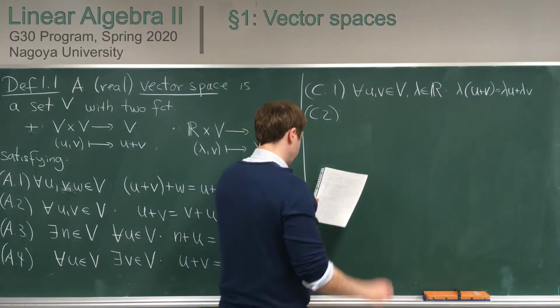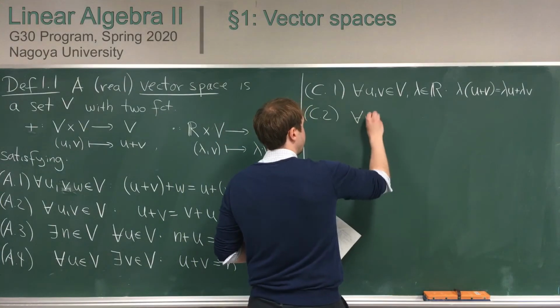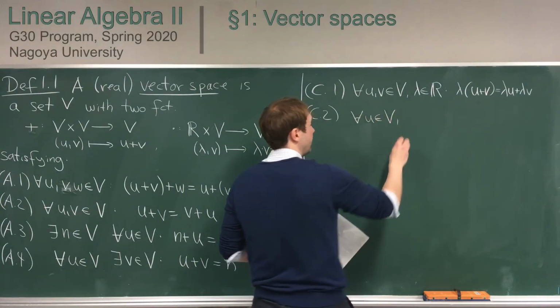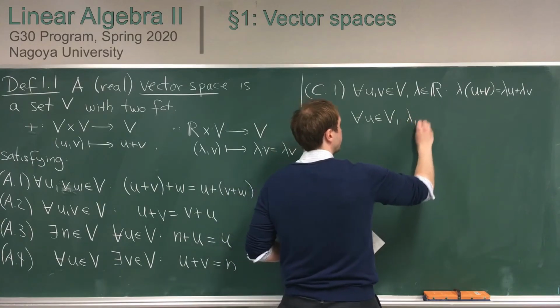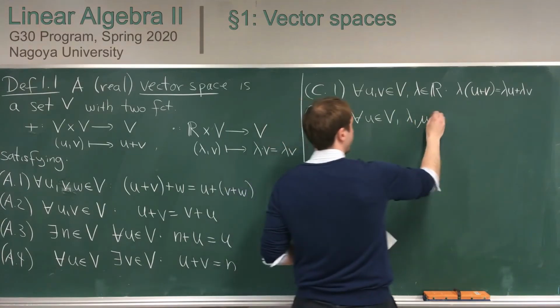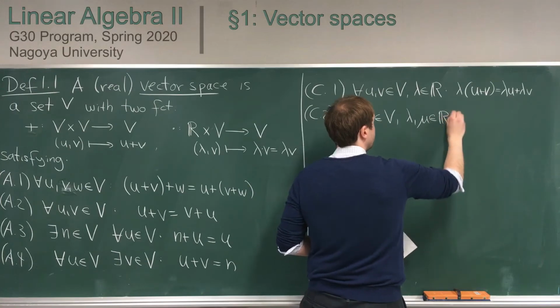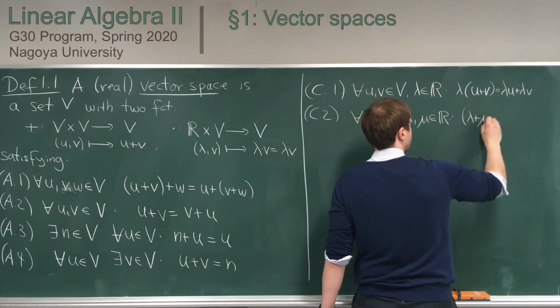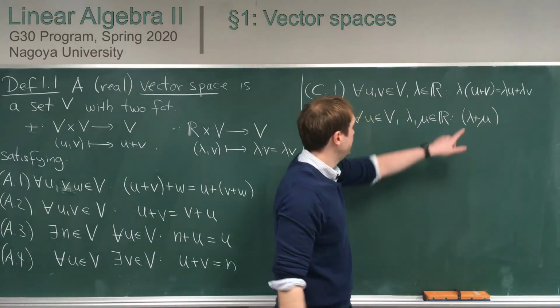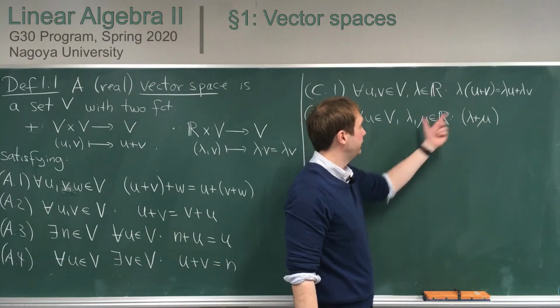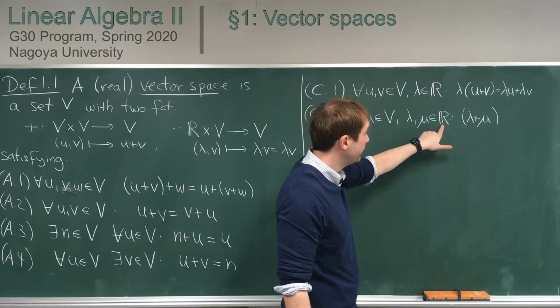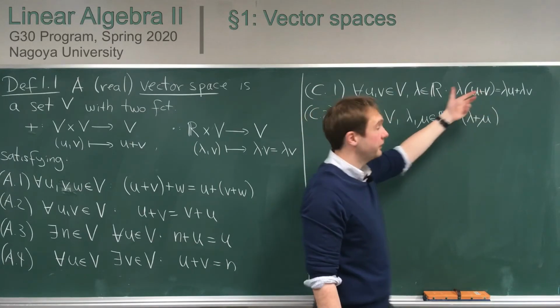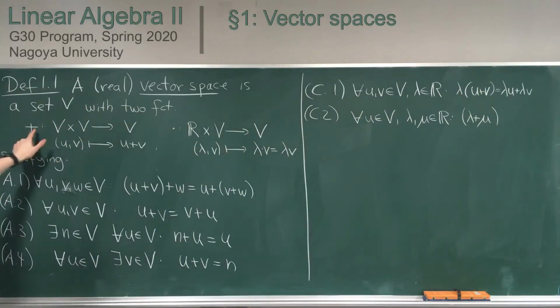And C2, if I have a u and v, and I have two scalars, lambda and mu, then if I add lambda plus mu, so now you need to be careful. So this plus now is the plus of real numbers, and this plus here is the plus of this vector space.